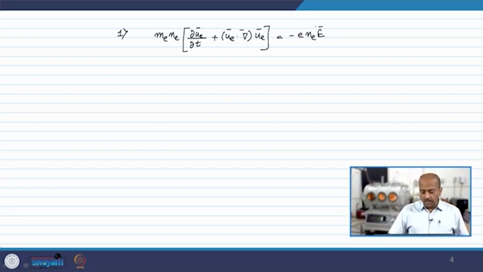I have considered only the momentum equation for an electron, because I am assuming that ions are at rest and they do not contribute to anything. This is the first momentum equation.